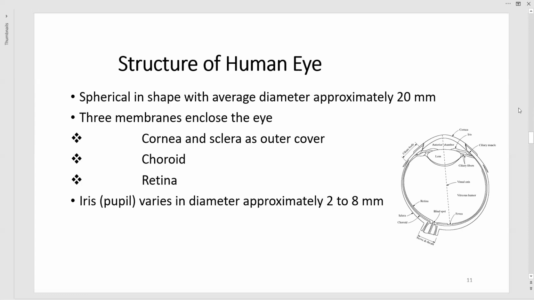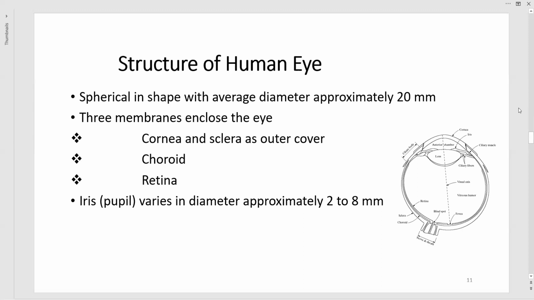Next one, the iris. You can call it the pupil. It is actually 2 to 8 millimeters in diameter. It controls how much light has to enter. That is why when we see a particular range of brightness, we feel a problem and suddenly stop.